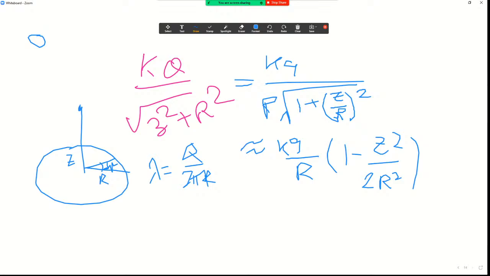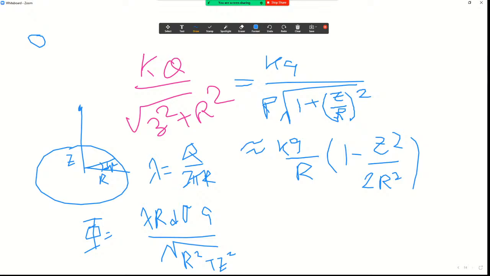So lambda r d theta times q over root r squared plus z squared, and then we integrate this from theta equal to 0 to 2 pi.